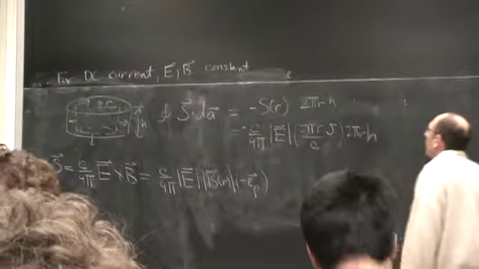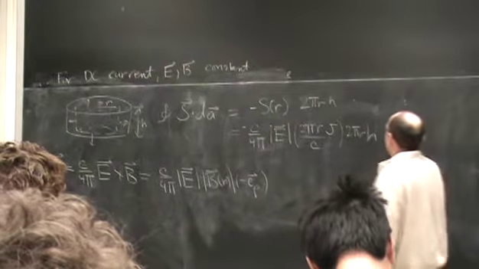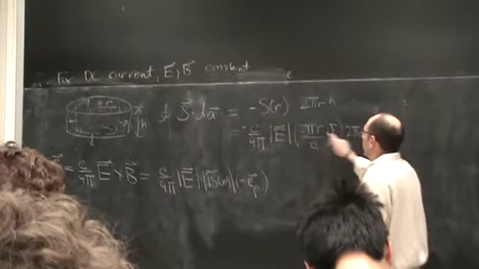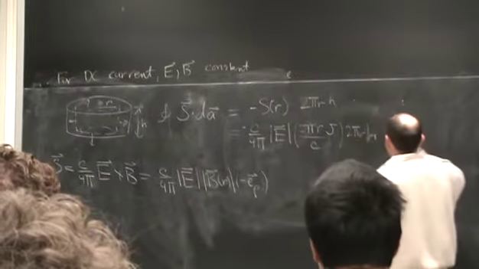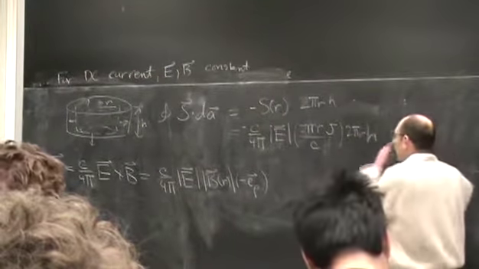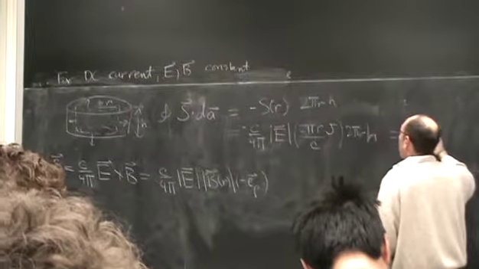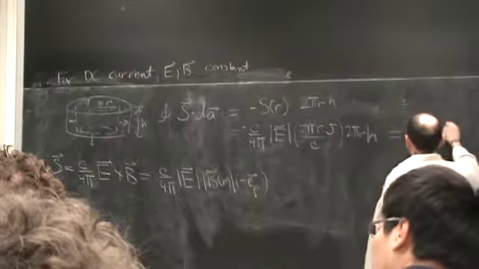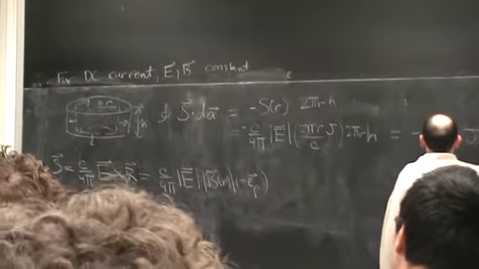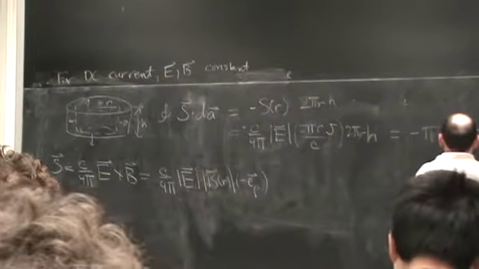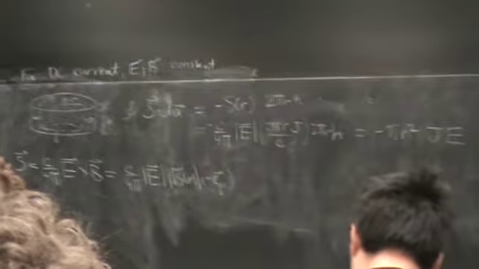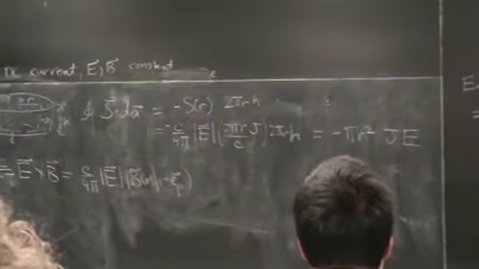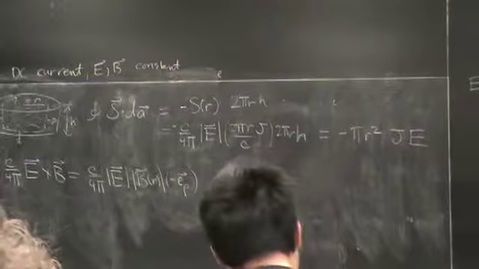Okay, let's see if we got it right. We get the 4's cancel, one of the pi's cancel. I have equal to minus the c's cancel, pi r squared J E. H to your right. Times h, yes, thank you. Important.